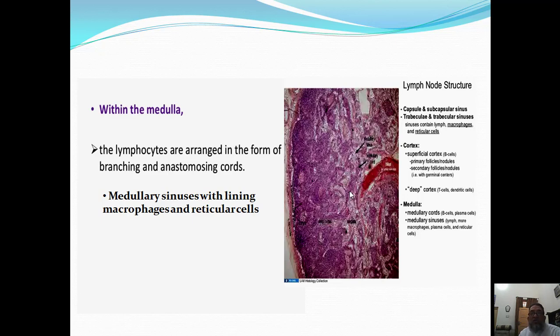So all the maturing cells from the lymphoid cortical area, the lymphoid follicles, after maturing, to pass into the blood vessel, have to pass through the medullary sinus, where the macrophages and reticular cells are there for further activation and for further defense mechanism.